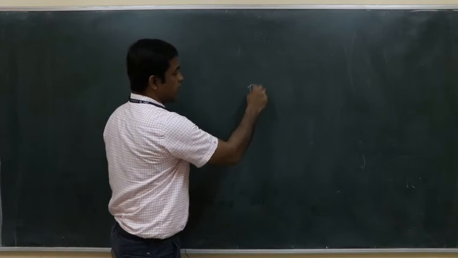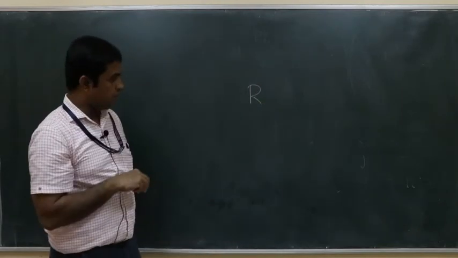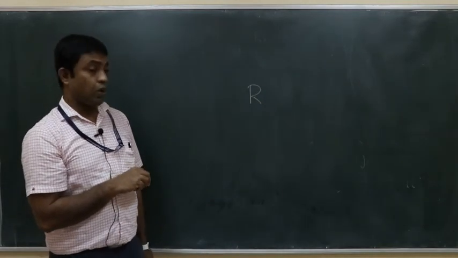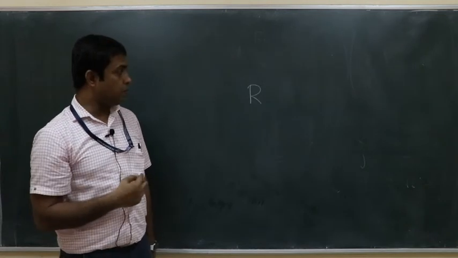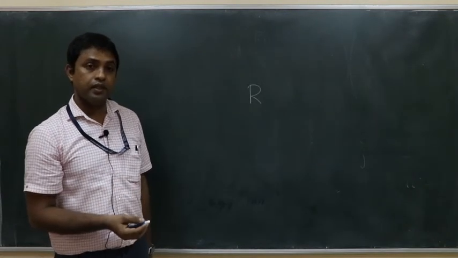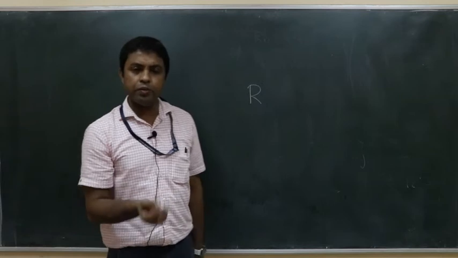Now, I said there is an R matrix which represents a rotation. Now I will give you some more idea: R is basically an orthogonal matrix. So what do you mean by an orthogonal matrix?